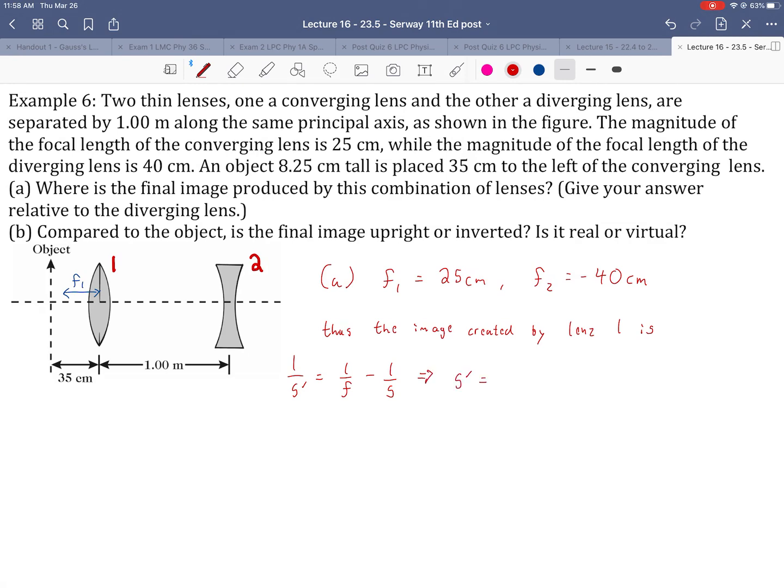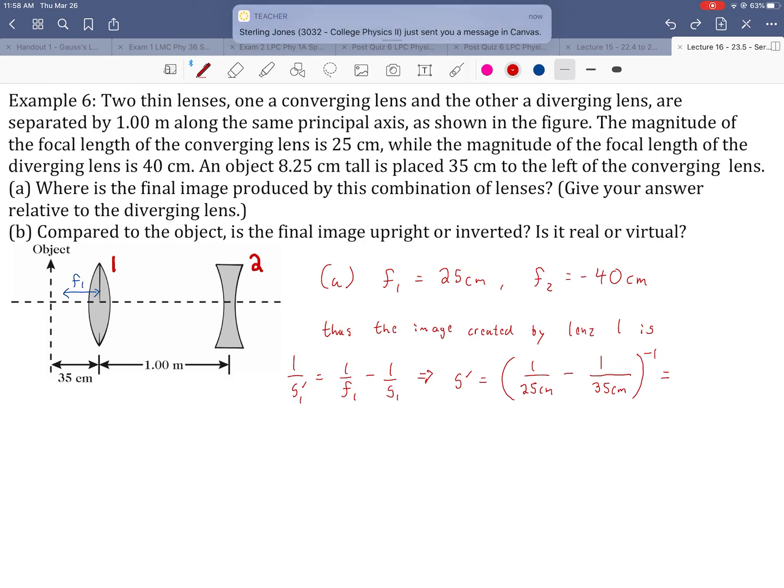So my location of S prime is going to be 1 over my 25 centimeters, that's f1, minus 1 over S1, where S1 was the 35. We can see we're going to get a positive value here because this is a smaller number, since it has a bigger denominator. So let's take 1 over 25 minus 1 over 35, and raise the whole thing to the negative 1 power.